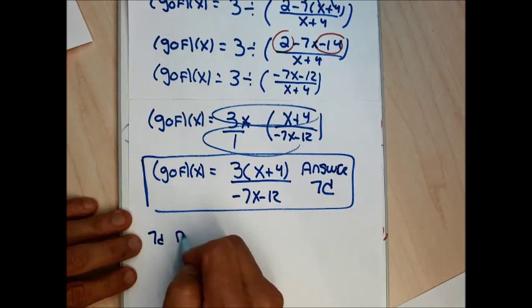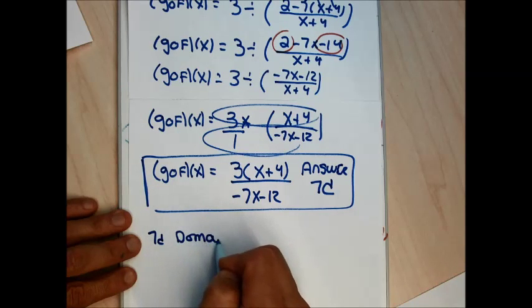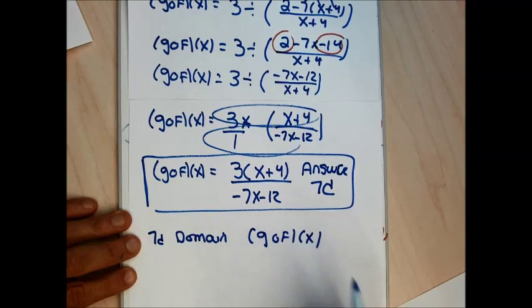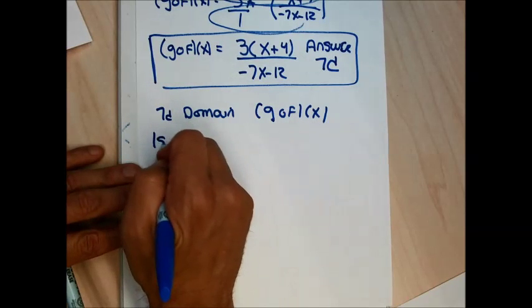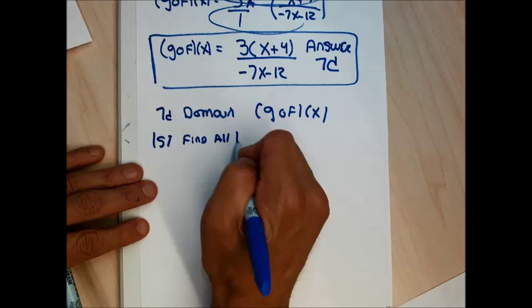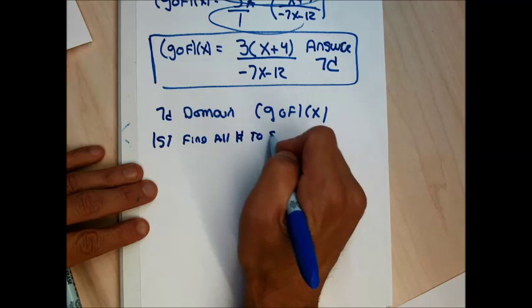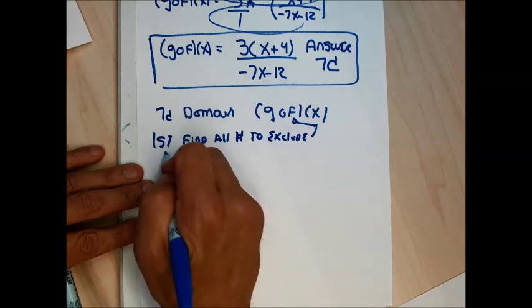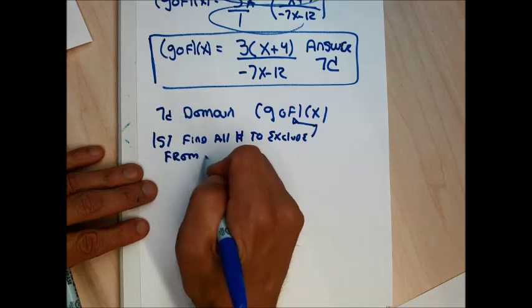7d wants me to find the domain of g composed with f of x. I do this in 2 stages. First, find all numbers to exclude from the domain of the function that's written second.